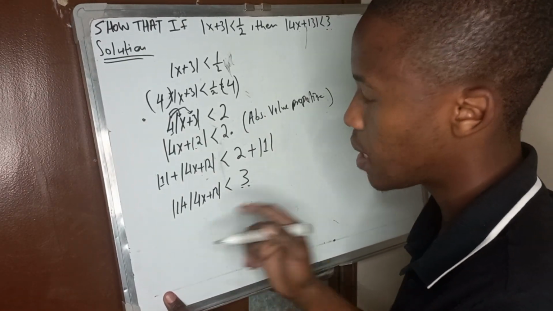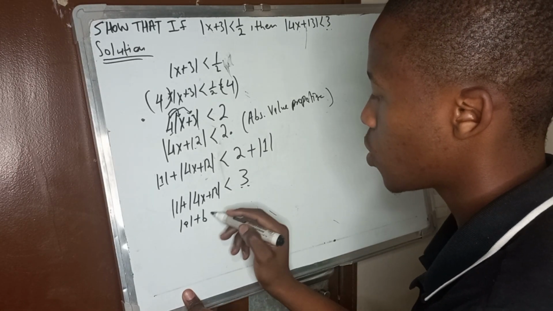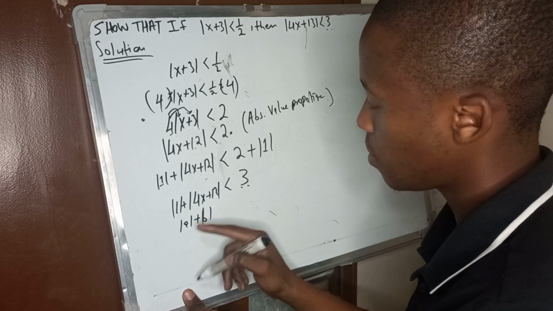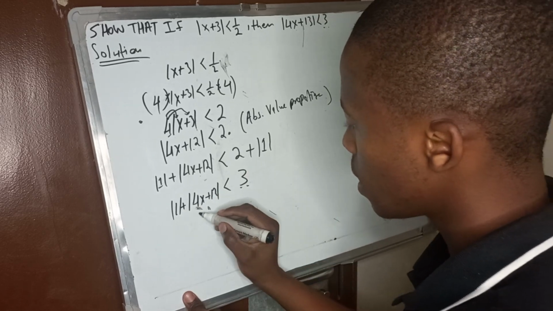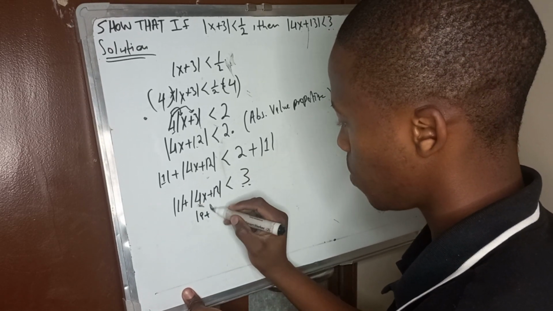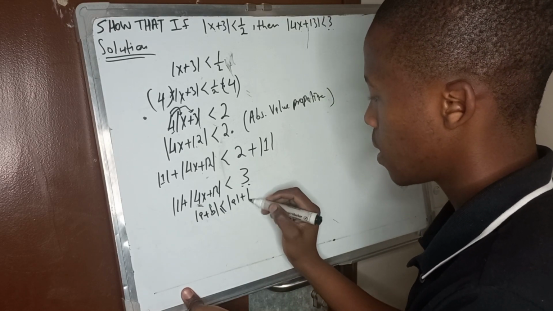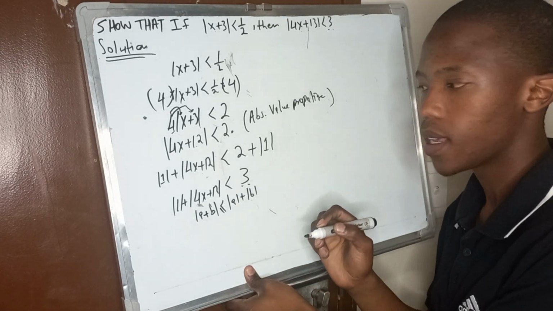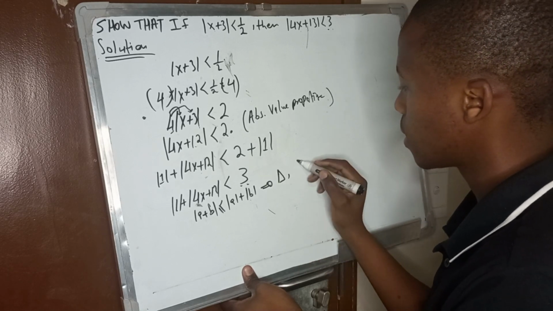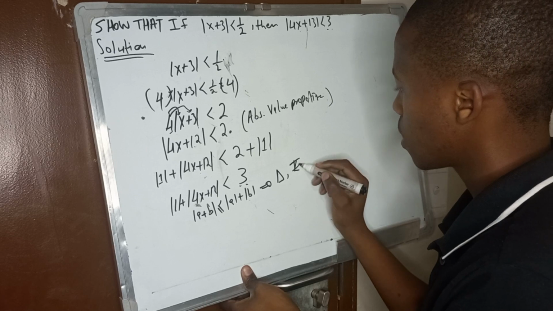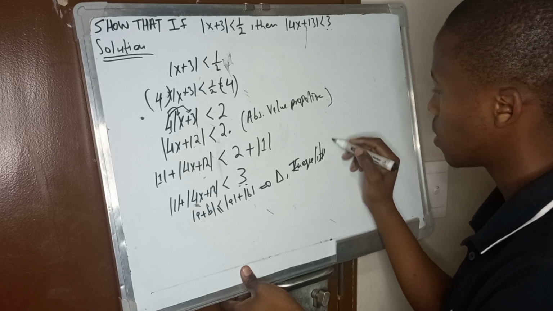The triangle inequality theorem states that the absolute value of a plus b is less than or equal to the absolute value of a plus the absolute value of b.